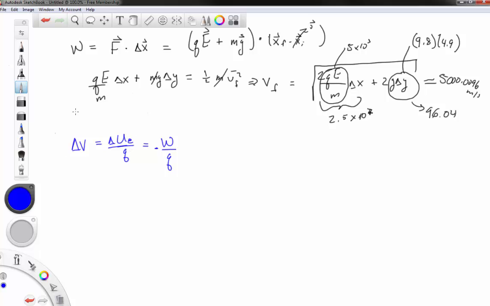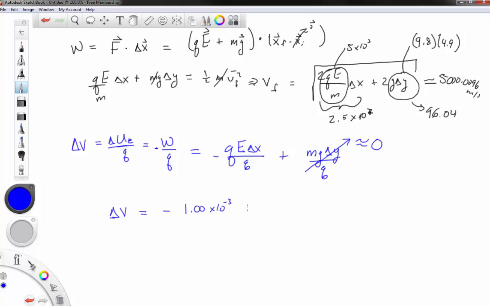We could include gravitational potential and say that this is the total potential difference, but the gravitational potential is so small that we can practically ignore it, because this is basically going to be Q times E times delta X over Q plus M times G times delta Y over Q. And this term is so much smaller than the other term that we can treat it as if it is 0.